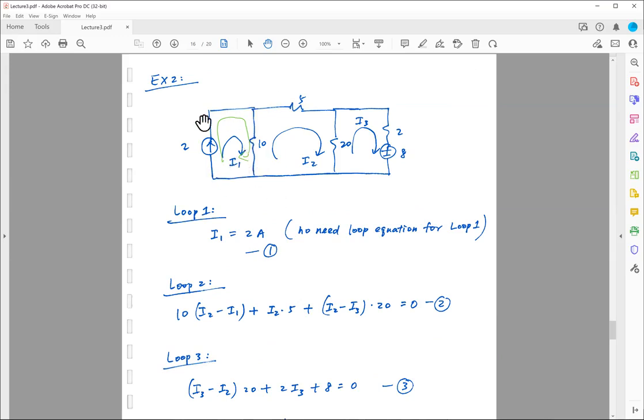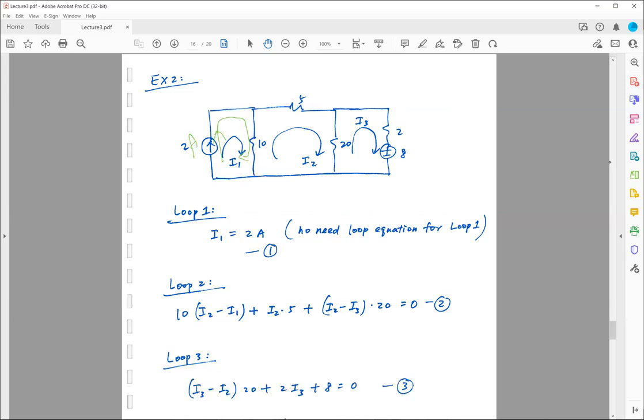But it turns out that for this particular loop, there is not much you need to do. Because if you remember, the objective here is to find the loop current corresponding to each loop, I1, I2, and I3. But for loop 1, the current is already given to you, because I have this current source inserted in this loop, and this current is going up this way.